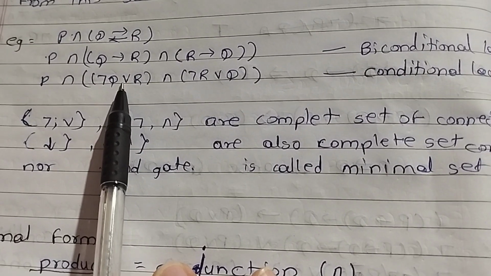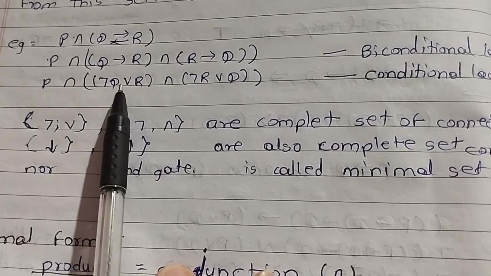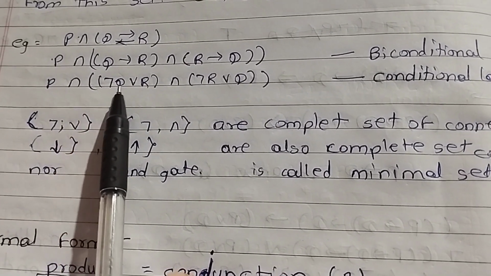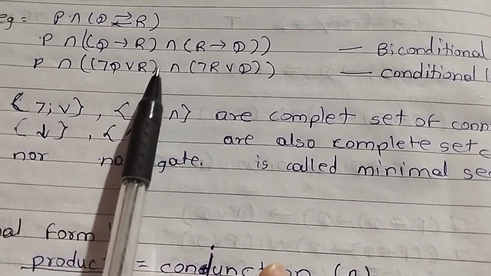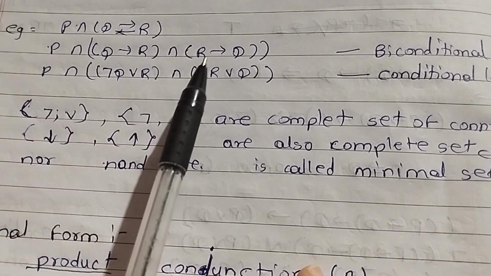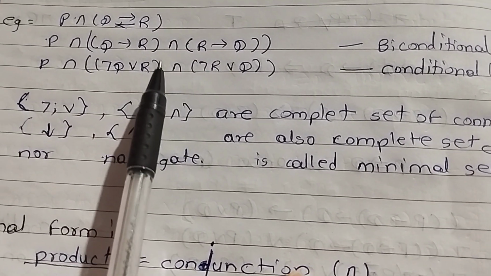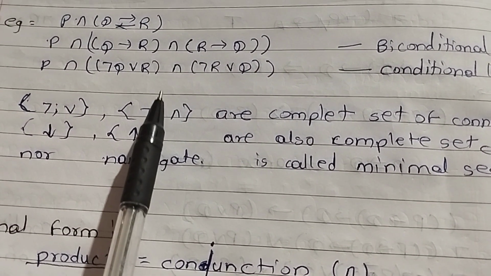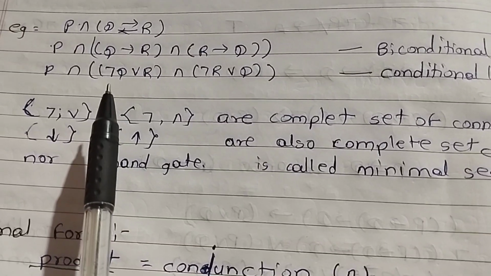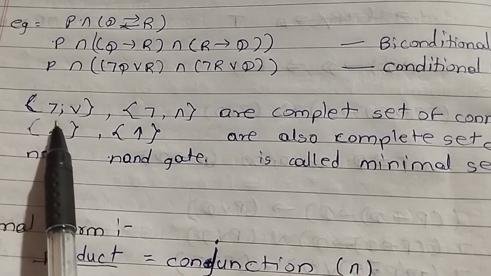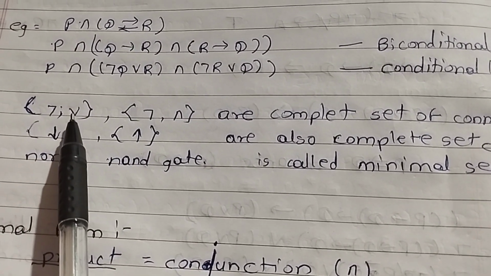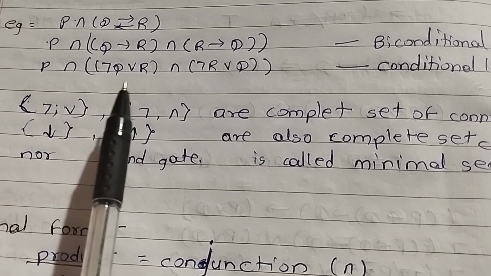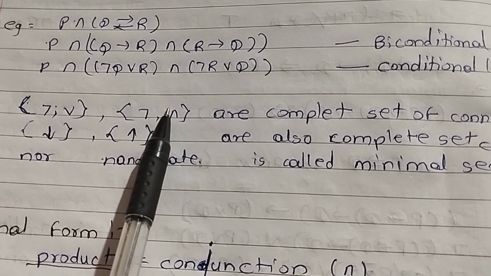And now we use the conditional law: P and negation Q, or R and negation R or P. When we solve again, then in the result we want only one set: negation OR, or the second set, negation AND.